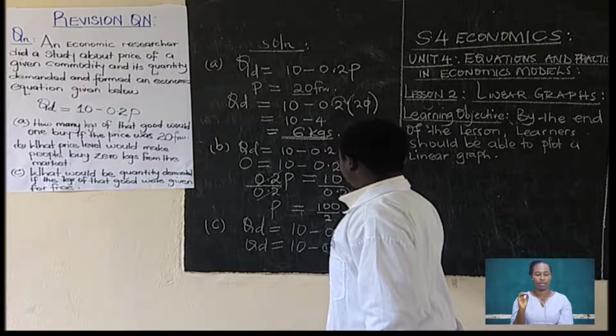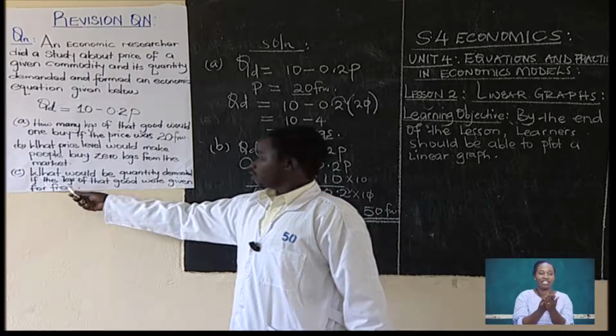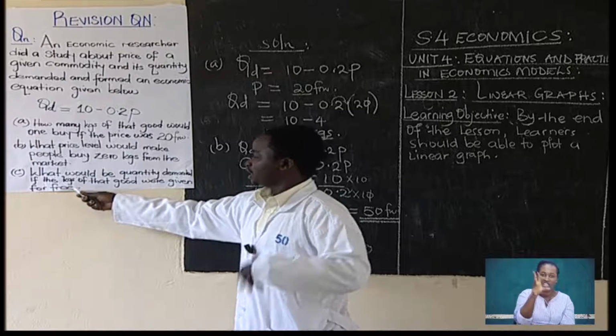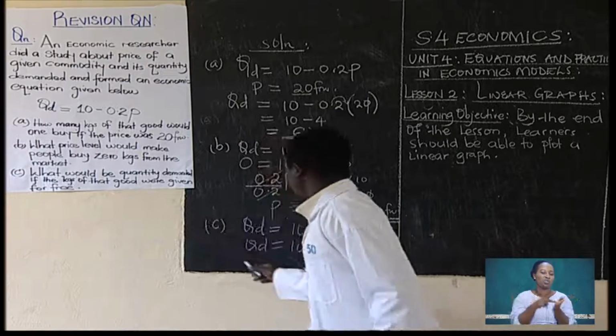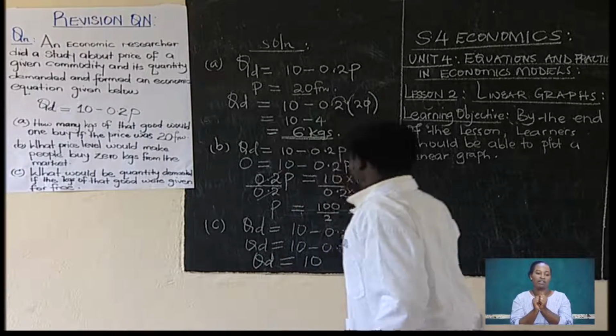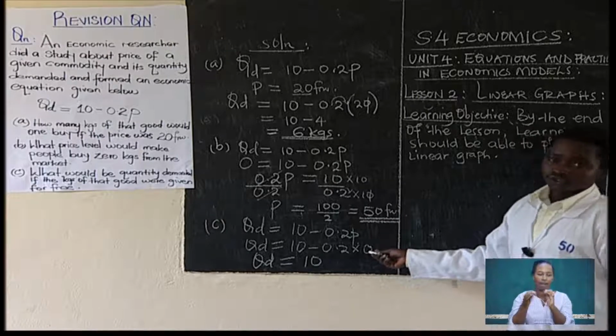Why am I getting this 0? It's because the price of the commodity, the commodity was given at a free cost. No charge was there. So here, the quantity demanded would be 10 because 0.2 times 0 is 0. Any number times 0 is 0.